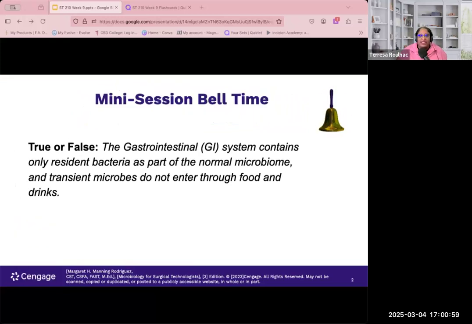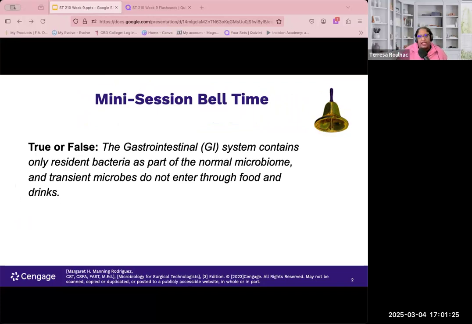But let's see, and this is for those who had the opportunity to watch. And if you haven't, that's okay. You can guess. All right. So the gastrointestinal GI system contains only resident bacteria as part of the normal microbiome, and transient microbiomes do not enter through food and drinks.